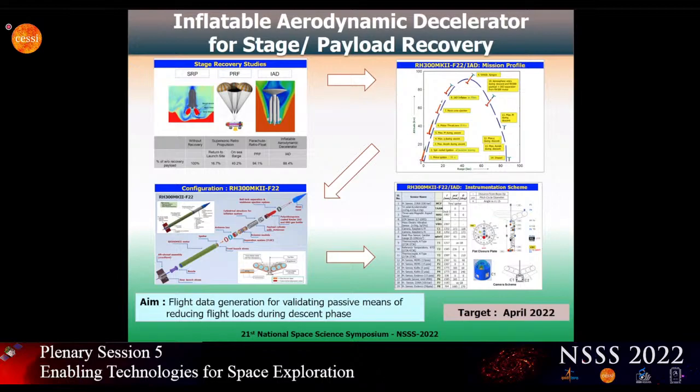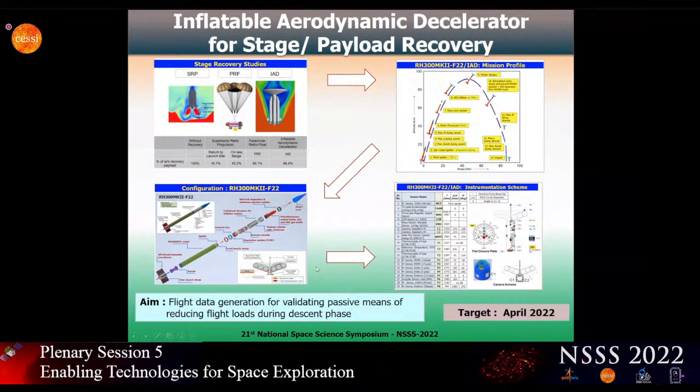The next is our aerodynamic decelerator, which we are envisaging as a precursor for stage and payload recovery. This also indicates that the microgravity experience which we are proposing in the ATV series can be recovered through these methods.